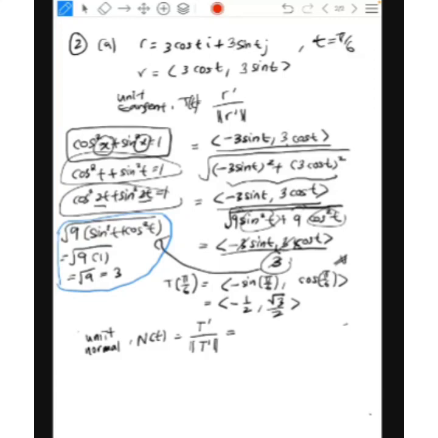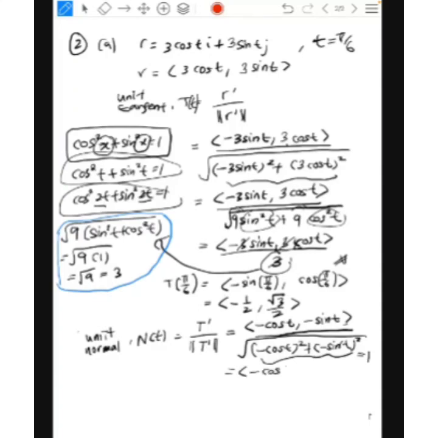So atas tu tinggal lagi negative sign saja, and beza sign dapat cos, tapi ada negative, so negative cos t. Beza cos negative sign t. Over, so bawah ni magnitude dia adalah negative cos t squared plus negative sin t squared. So, which is, again, bawah ni akan jadi 1 kan, sama dengan 1. So what's left is negative cos t and negative sin t.